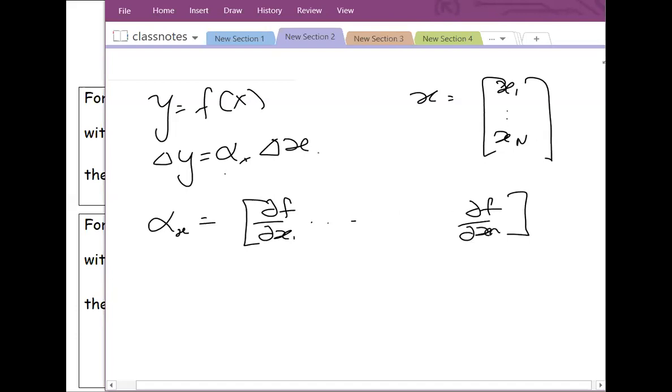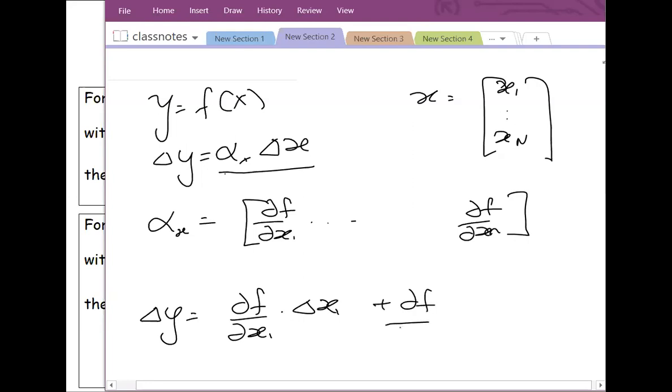When I compute this operation, what was the final formula going to be in this case? Just plug it in, right? This is going to be the partial derivative with respect to x1 times delta x1 plus the partial derivative with respect to x2 times delta x2 and so on.